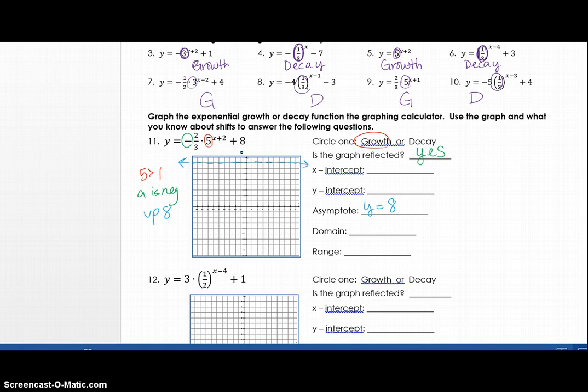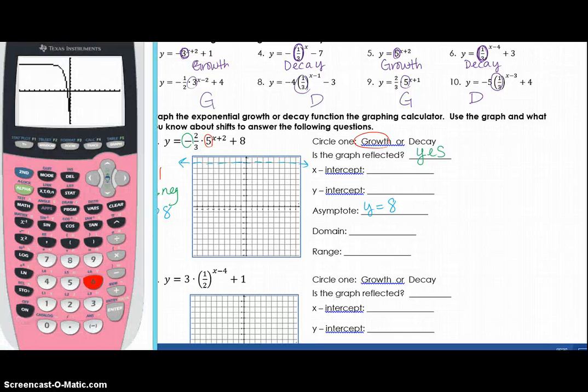Okay, and then we need some more points. So we love our calculator, so we're going to use this. Let's do the easy one first. The easy one would be the y-intercept, where we go to second calc, and we go to value, which is 1. We want the y-intercept, which is where x equals 0. So we plug in x equals 0, and we get the point negative 8.7.